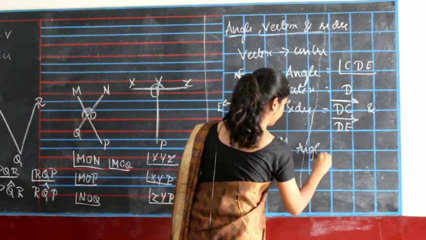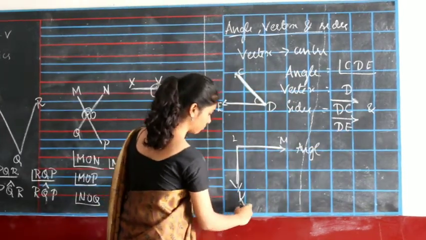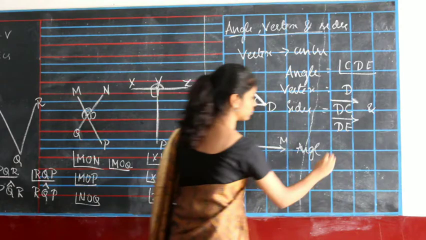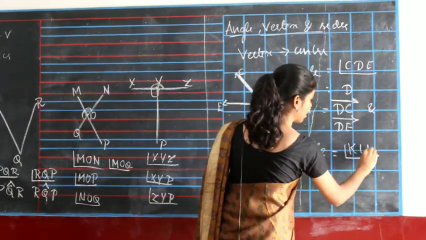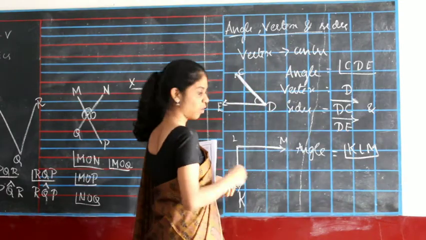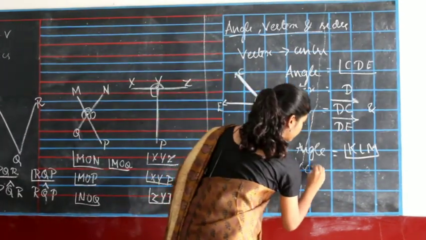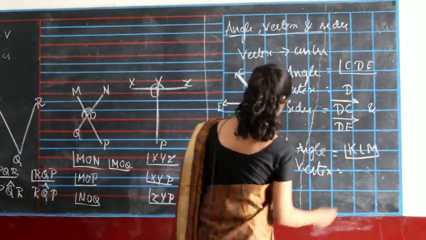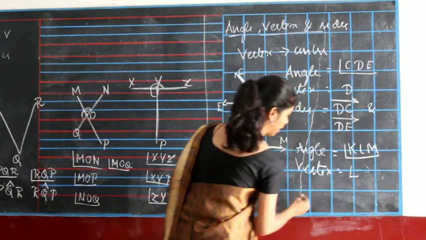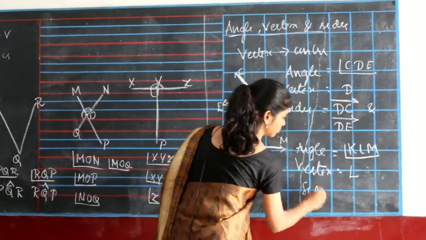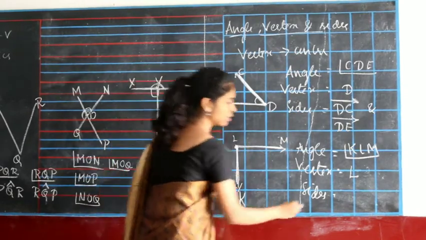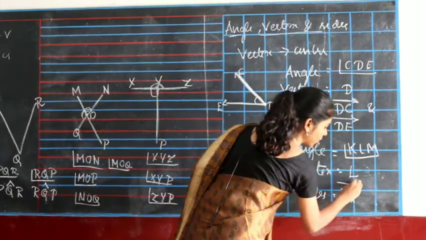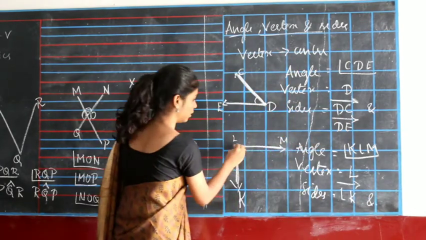Angle is, you can start from here. K, L, M. Okay, next vertex is L and sides is L is the center point from L to K. So L to K will be a vector and the second one L to M.